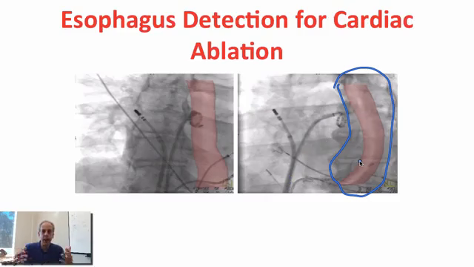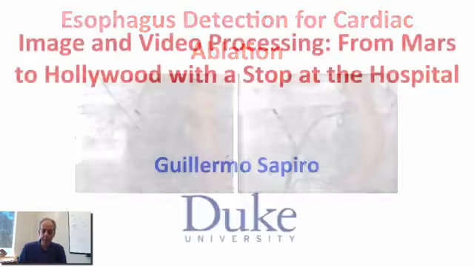So once again, another application of image processing, which we're going to discuss during this week. We are going to discuss different types of applications. We're going to touch on some of them. We won't be able to touch on all the medical imaging applications out there, but we're going to touch enough to give you an idea of why image processing is so important in the area of medical imaging and biological data.